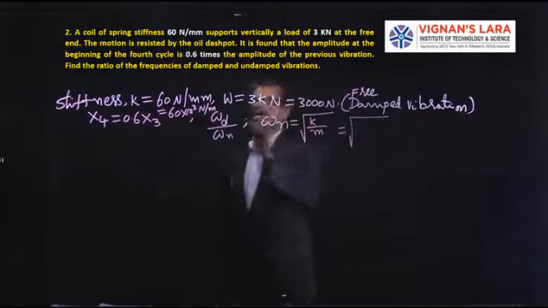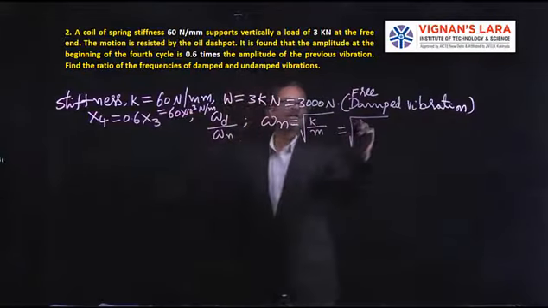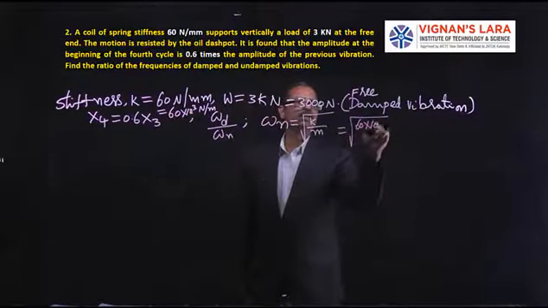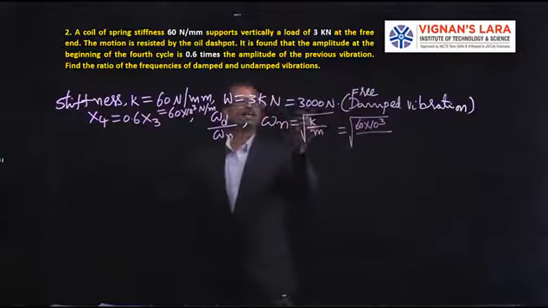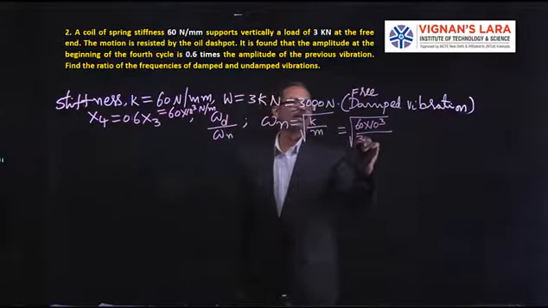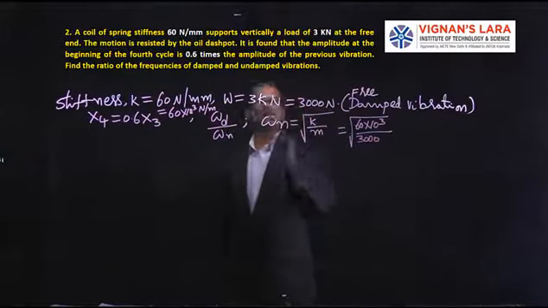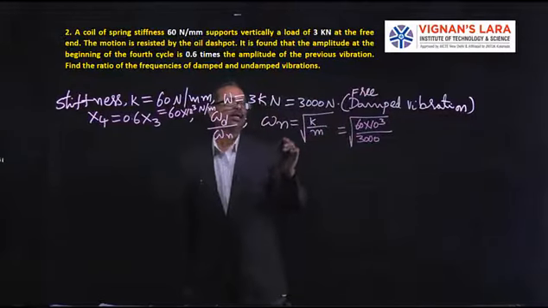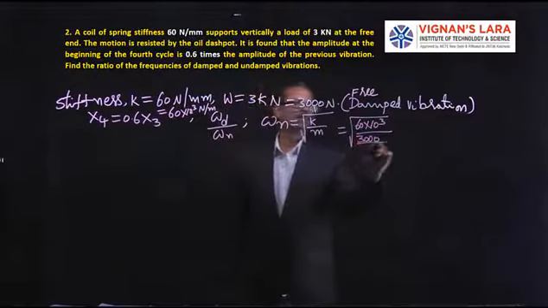So K is 60 into 10 power 3, and m, since load W is given, we write m as W by g, that is 3000 by 9.81.